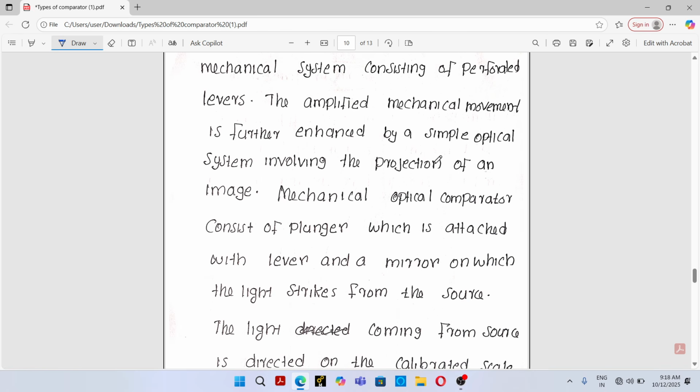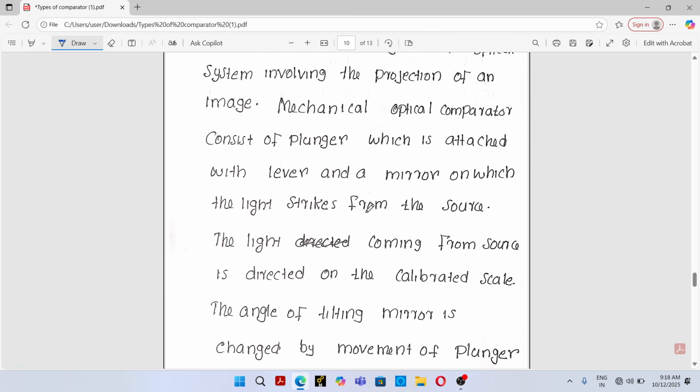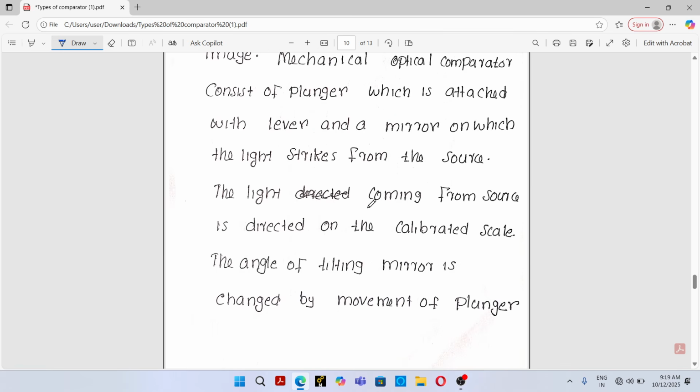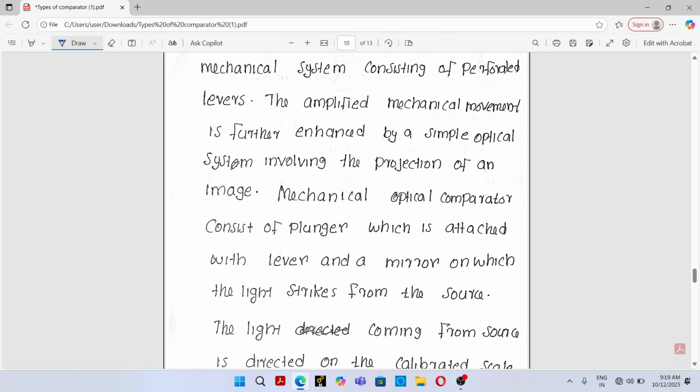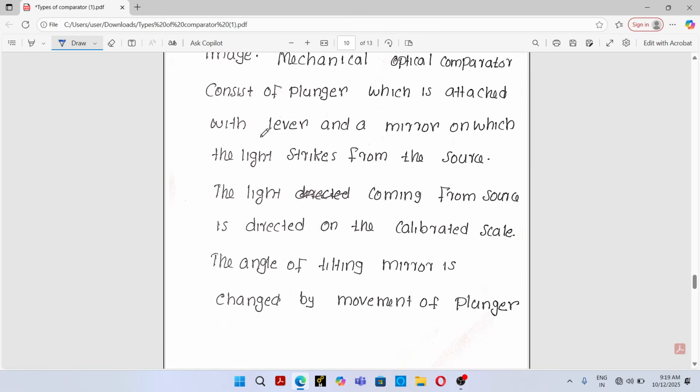The comparator consists of a plunger attached to the lever, and a mirror on which the light from the source strikes. The light is directed on a calibrated scale. The angle of the tilting mirror is changed by movement of the plunger. So this is the principle and working of the mechanical optical comparator.